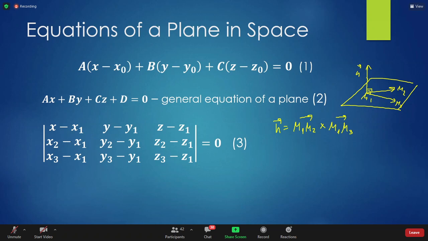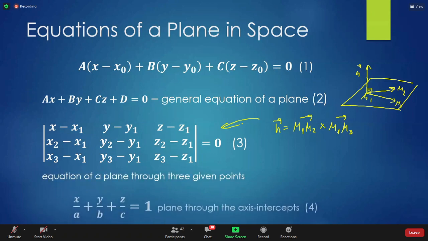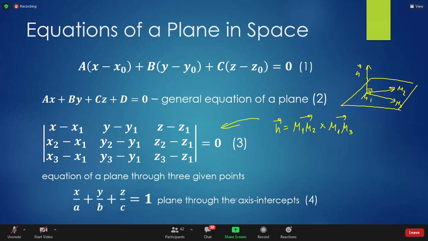That is, it works very nicely as the normal vector. We can use that. So basically, it's the same thing as writing the equation through 3 points. And there is one more, that is the plane cutting off segments on the coordinate axes.